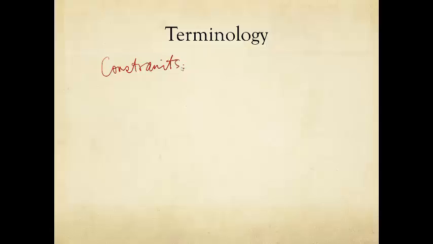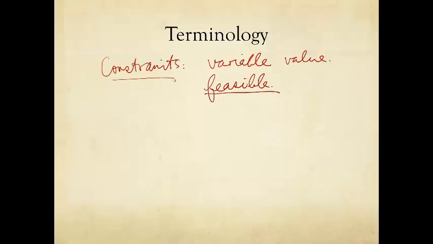And we say that a variable picking a certain numerical value gives you a feasible solution if it satisfies all the constraints at the same time. And if this problem has no feasible solution, then we say the optimization problem itself is infeasible.